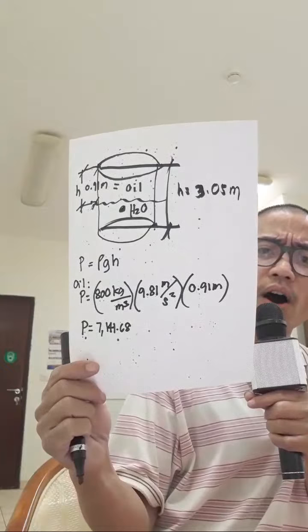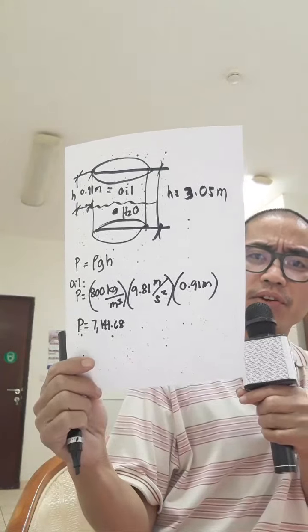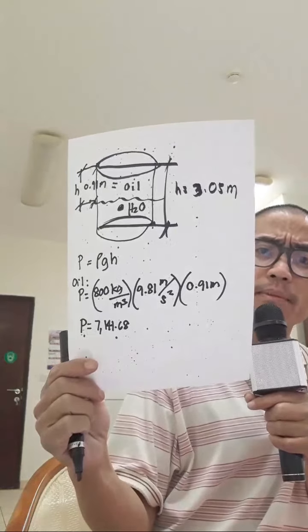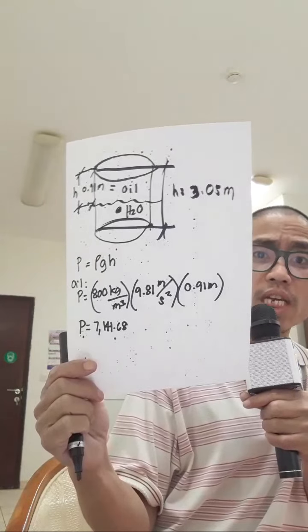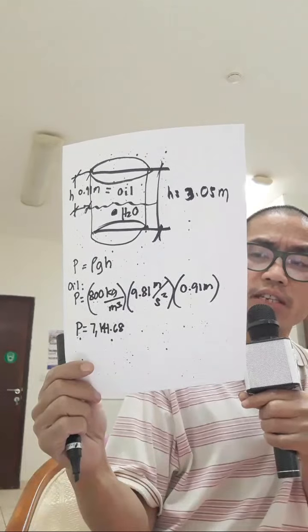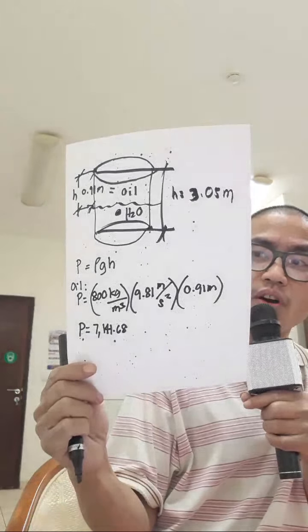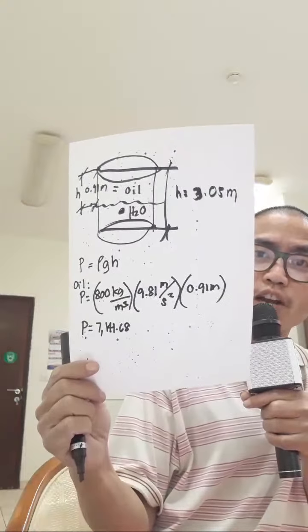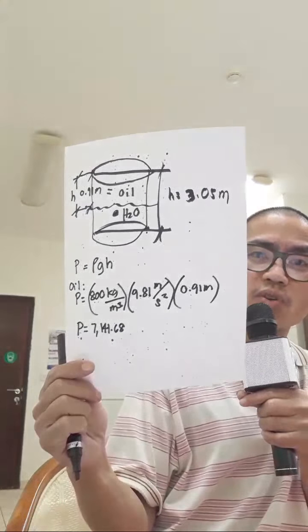Could it be a bar? Could it be an atmosphere? Could it be mmHg, millimeters of mercury? So we need to identify the exact unit based on the units of the quantities in the formula of pressure. And we need to do the cancellation. So meter squared cancel.